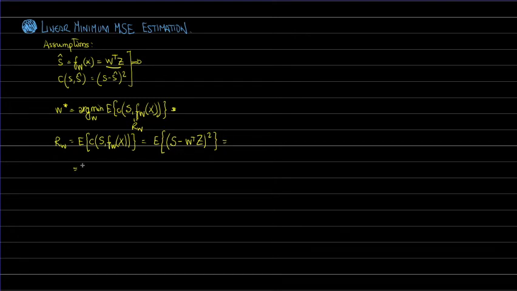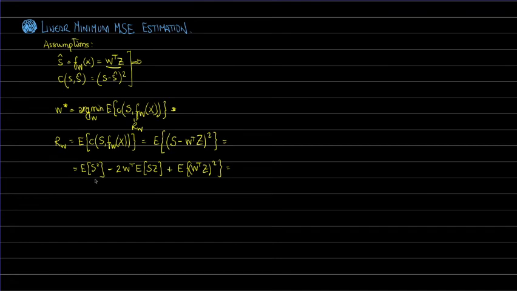This is equal to the expected value of S squared, minus 2 times W transpose expected value of S Z, plus the expected value of W transpose Z squared.